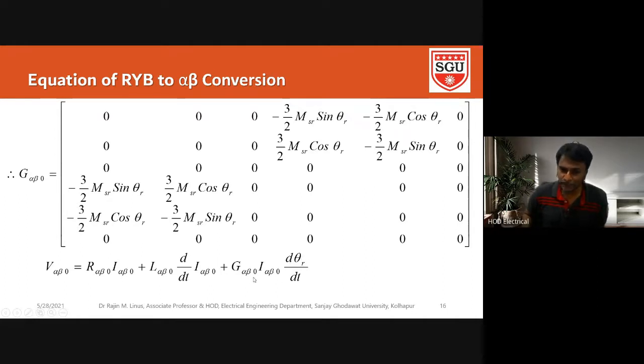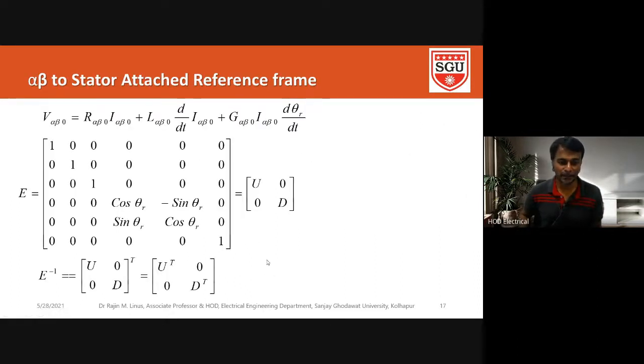So we come to know this is the voltage equation of the induction motor in the alpha beta reference frame, with the resistive drop term, then the energy stored term, the variation of voltage with respect to inductance, and finally one speed EMF term. So this is the final value in alpha, beta and the other axes.